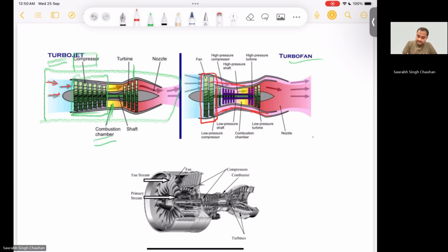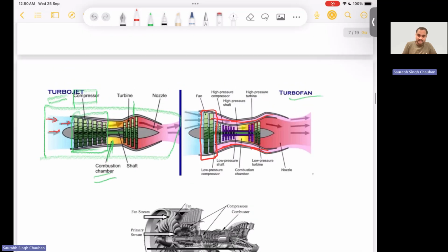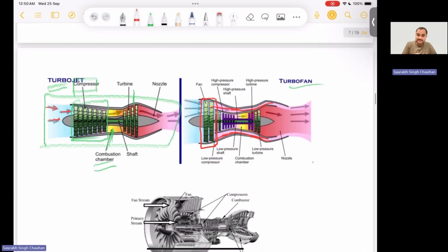The inner core is similar in both engines, so that is common. What the fan does is it sucks the air in and sends some part, a little air, into this duct.